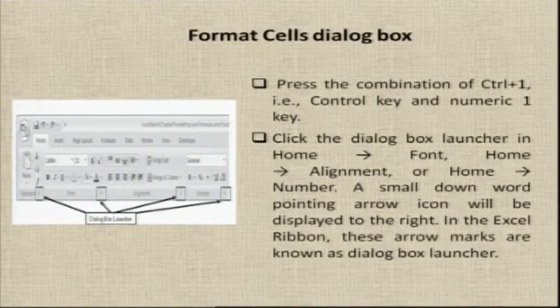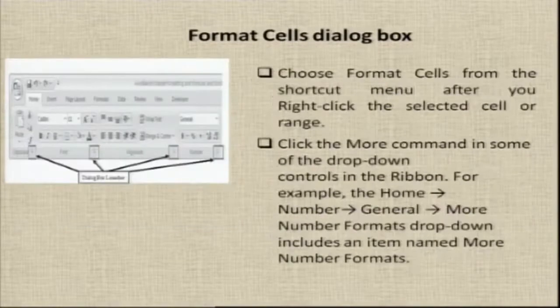So here we can click on Home, then Font, then Home Alignment or Home Number group. If you click on any one of the groups, there will be a small downward pointing arrow, and if you click that arrow icon, the dialog box will be launched. We can also choose Format Cells from the shortcut menu after we right click the selected cell or range of cells.